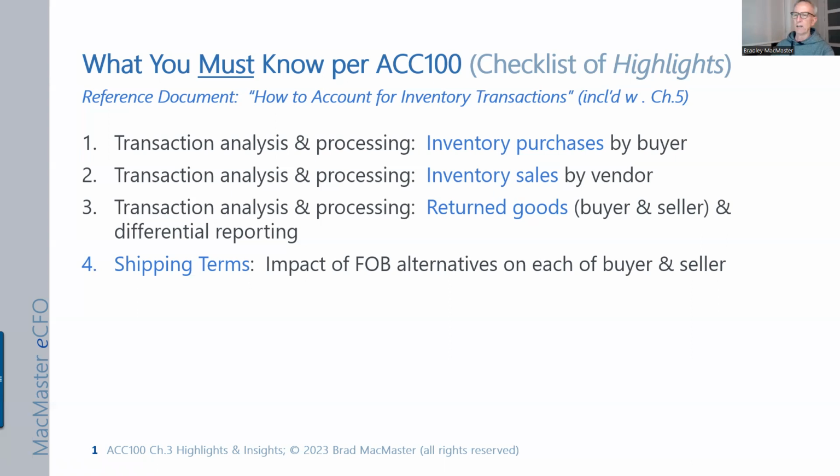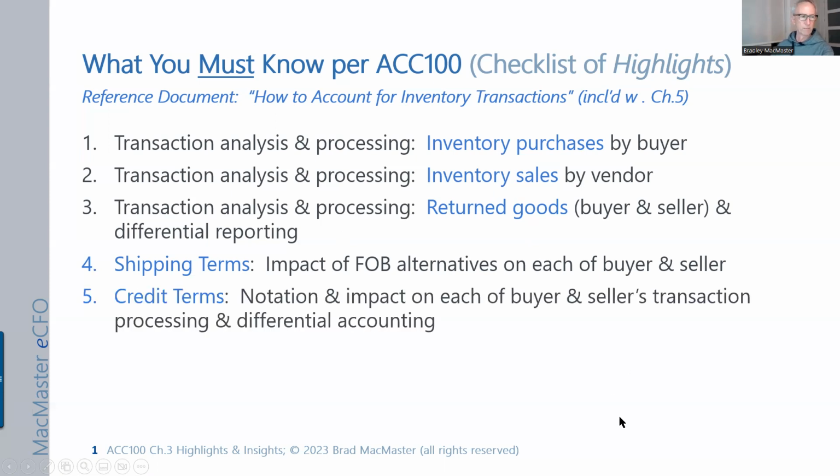But if our terms of sale include FOB destination, then that means we will pick up the cost of shipping the goods to our customer. There is a slight difference in how the cost of shipping is accounted for by a buyer and seller, and we will review that when we look at the corresponding document in Chapter 5.